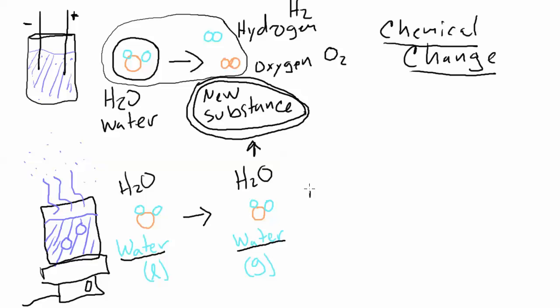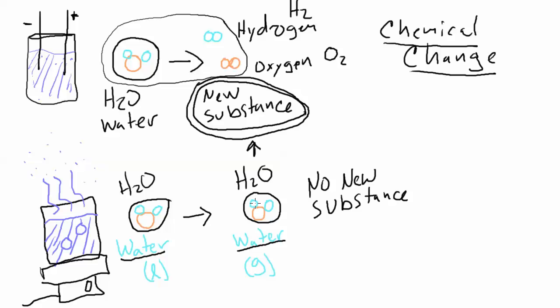So there is no new substance here. The basic particle hasn't changed, so the substance hasn't changed. And so, as you could probably guess, this isn't a chemical change. This is a physical change.